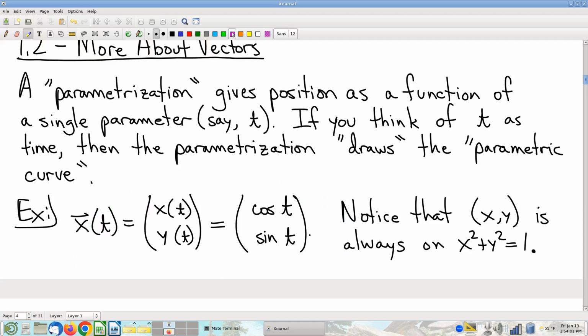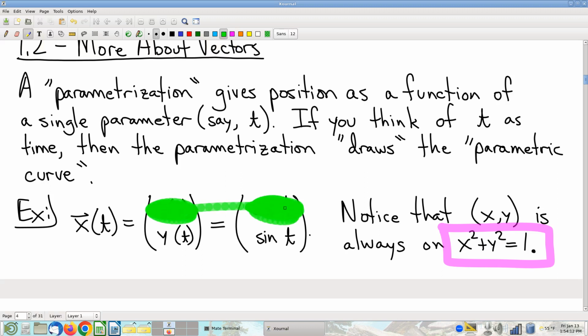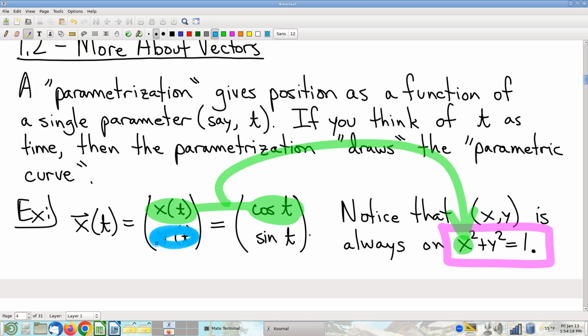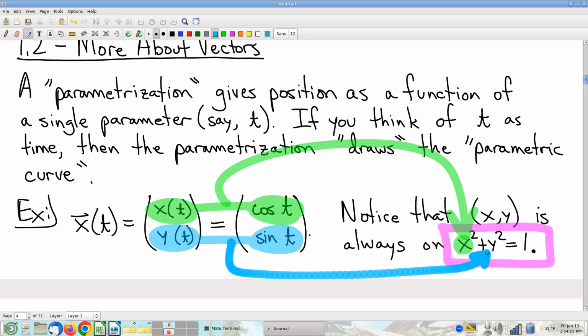Okay, so, first tool. Try to find an algebraic relationship that's satisfied by the parameterization. For example, notice x being cosine t, and y being sine t. If I were to plug those into x squared plus y squared equals 1, well, it works. We have here an algebraic relationship satisfied by these formulas for x and y.